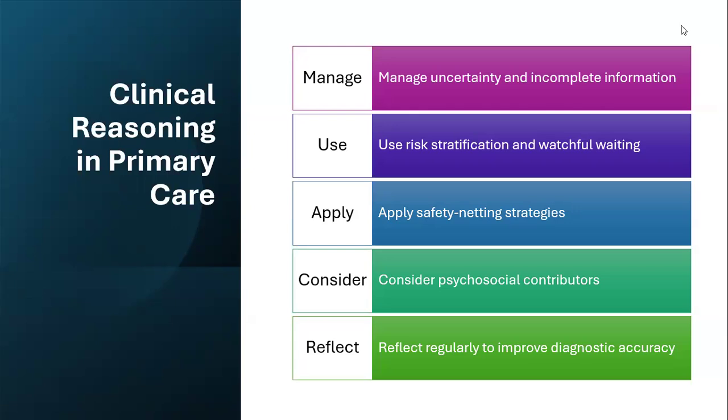You may have made mistakes. You may not have done the correct thing for a patient. So reflecting regularly on these things to improve your diagnostic accuracy and your management accuracy is very important. So these are the clinical reasoning skills that you have to develop in primary care as a general practitioner.